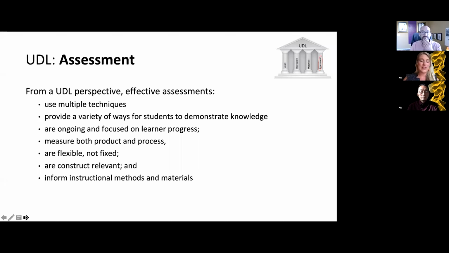Another feature that's really important is moving beyond just the end of course exam and thinking about ongoing and focused collection of student understanding over time. This is really important for me as a professor or instructor because it allows me to adjust course when I see that my students aren't understanding in the way that I'd expected.